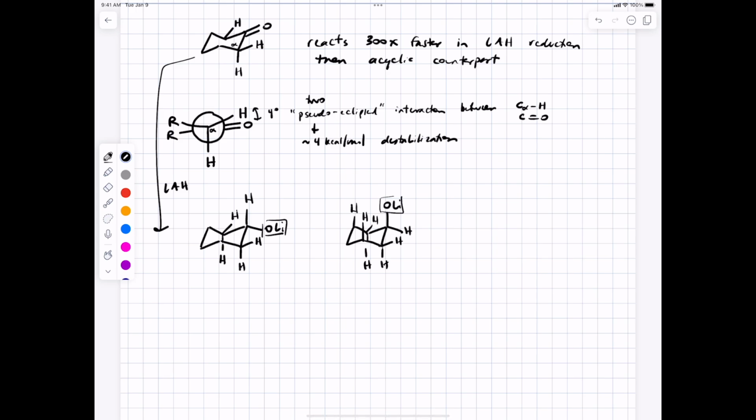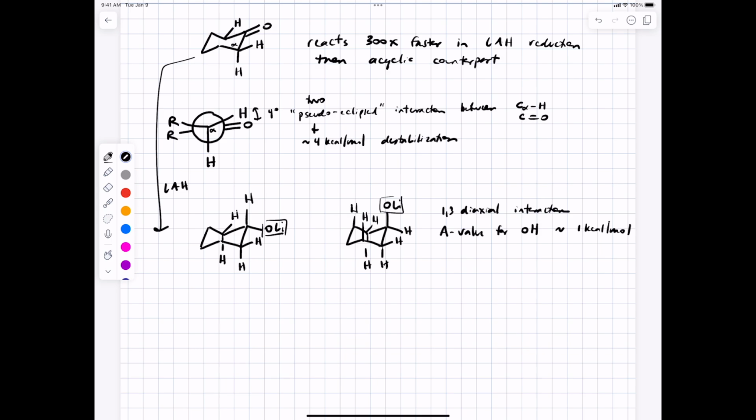Right. Now you've got 1,3 diaxial interactions that you've introduced. That's true. But we know how bad those are because we've got A values, which we learned about in the chapter on conformations. The A value for, say, an OH group was maybe around 1 kilocalorie per mole.